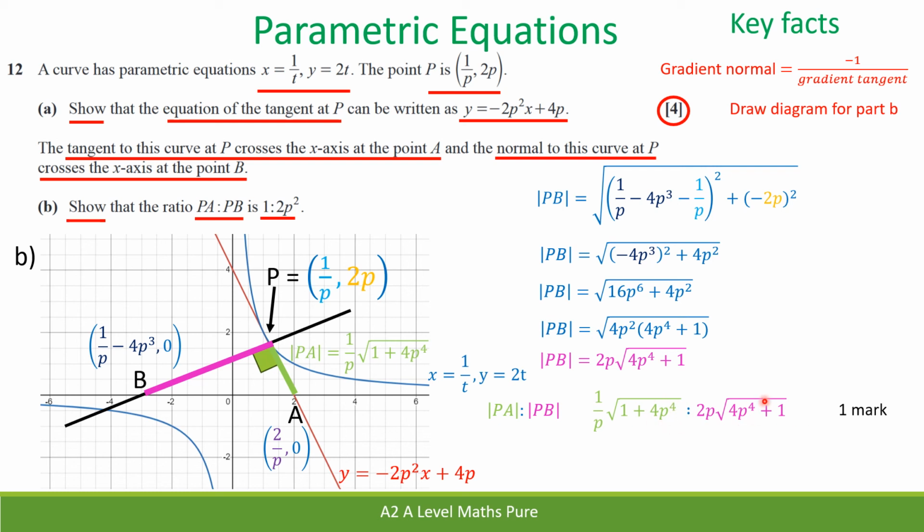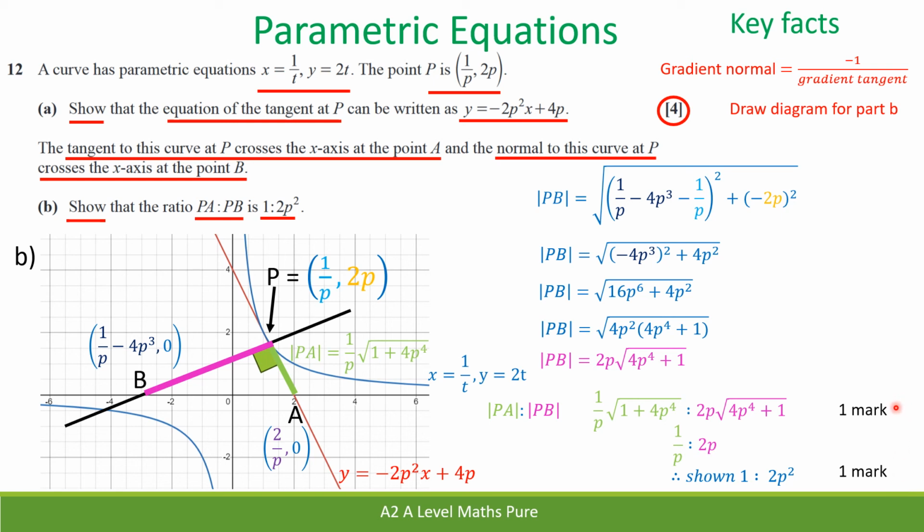So the term can cancel underneath the roots, leaving me with 1 over p to 2p. If you look at what you're trying to make, you've got to make 1 to 2p squared. So all I've got to do is multiply everything by p, which shows us we've got 1 to 2p squared, which gives you your last mark.